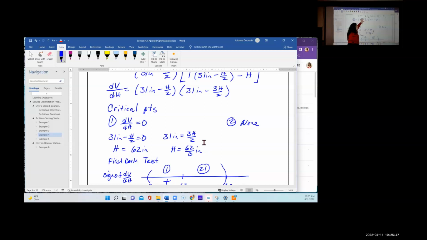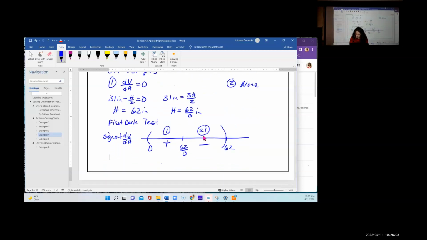So this one would be positive. 21 times 3 would be 63/2, which is bigger than 31. So this would be negative. So I have a positive times a negative. So this one would be negative, which means it's increasing and then decreasing. So I have a relative maximum here, which is what I was looking for.